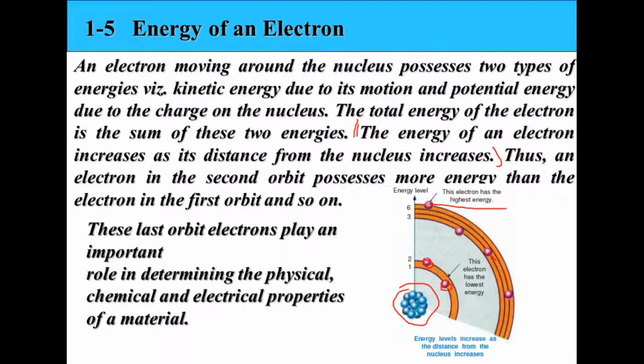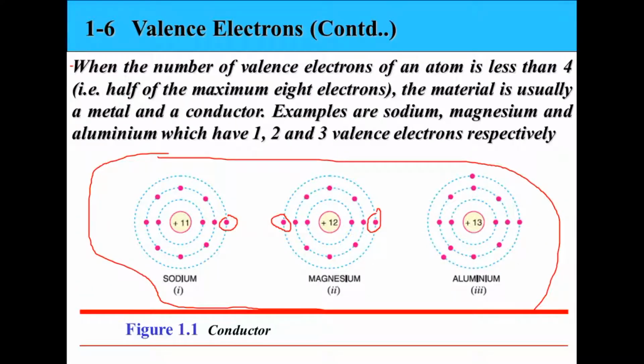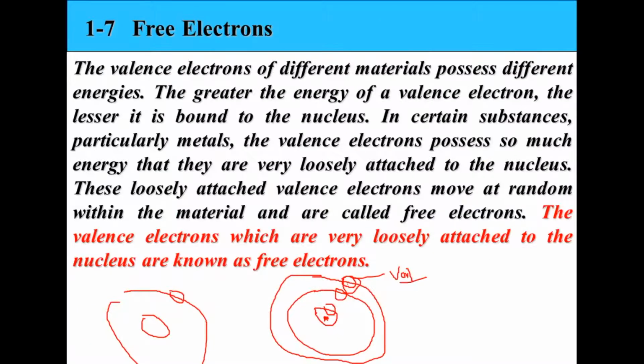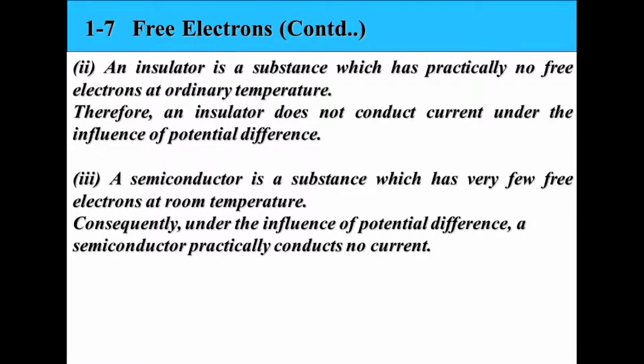The higher the orbit, the higher the energy of the electron. We looked at valence electrons, which are electrons in the outermost orbit, and we said the outermost orbit cannot have more than 8 electrons. We looked at how we can use valence electrons to determine whether a material is a conductor, an insulator, or a semiconductor. And we looked at free electrons, which are valence electrons far away from the nucleus, and how we can use that basis to define a conductor, insulator, and semiconductor.